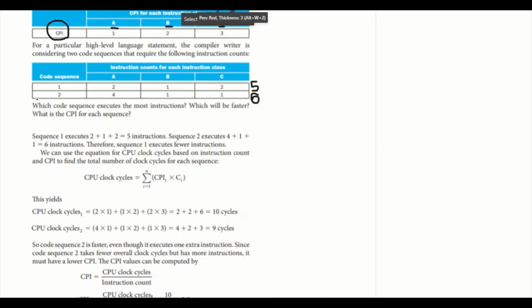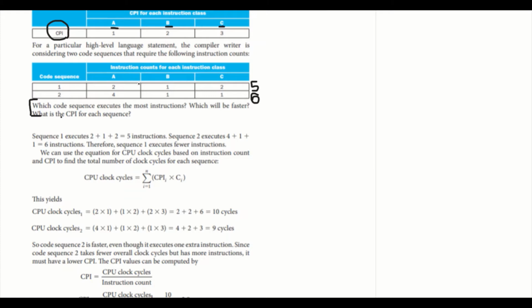Can you see this paragraph is talking about the question? Which code sequence is faster? What is the CPI, etc., etc. So this paragraph is talking about the question. Which code sequence executes the most instructions?